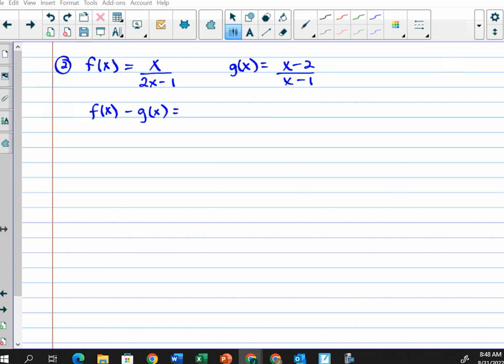This will be your denominator. What I did was I just multiplied it, because you still need this multiplication.